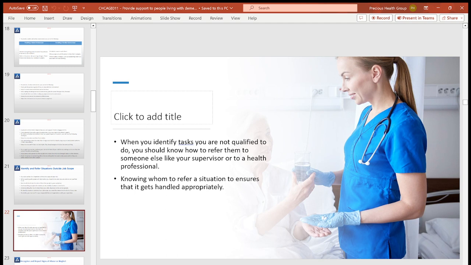When you identify things that you are not qualified to do, you should know how to refer them to the right person. So knowing whom to refer a situation to is also very, very important. In other words, try to familiarize yourself with the organization chart.